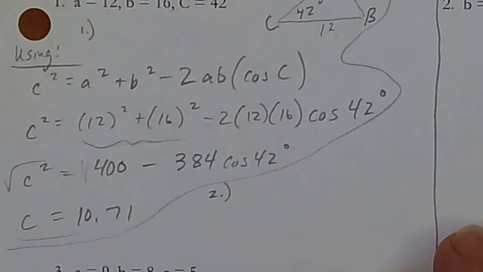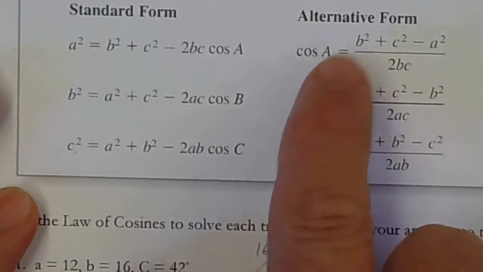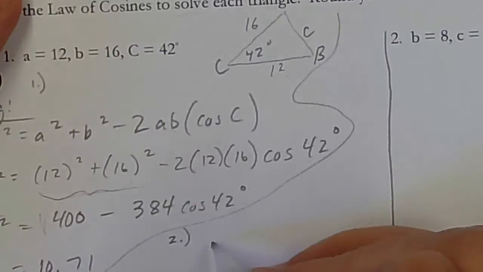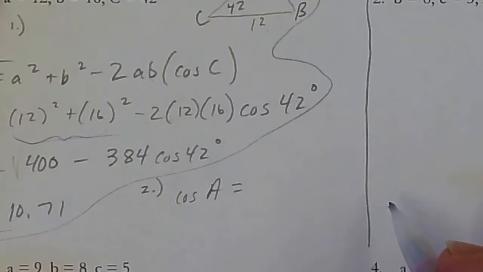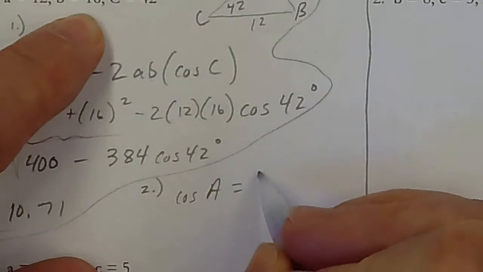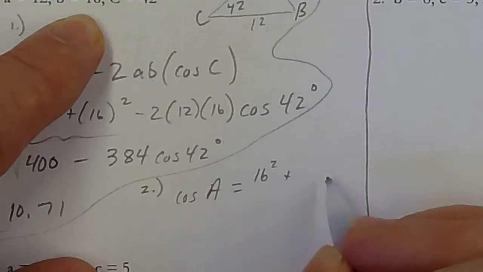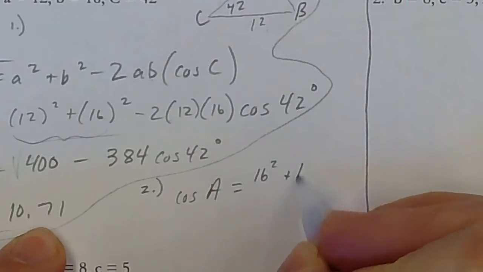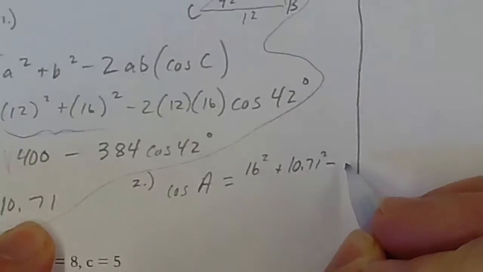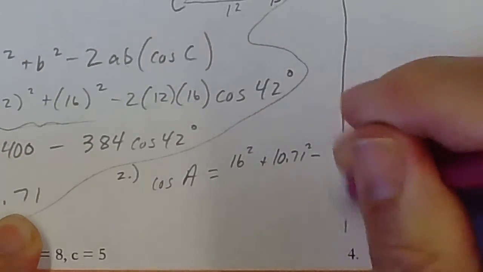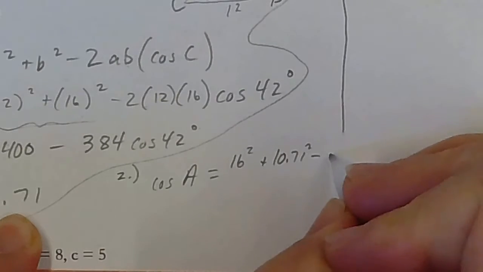Okay, so let's choose, we got to find A or B, so I'm going to use one of these two. I'll just take this first one. So we're going to set this up as cosine of angle A equals, okay, you just keep looking at that form up there. It says B squared plus C squared. So B squared plus C squared, which you just found is 10.71 squared, minus A squared, which was given as 12.